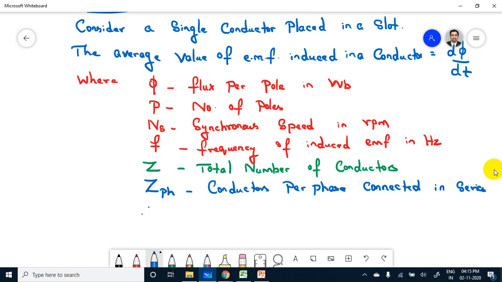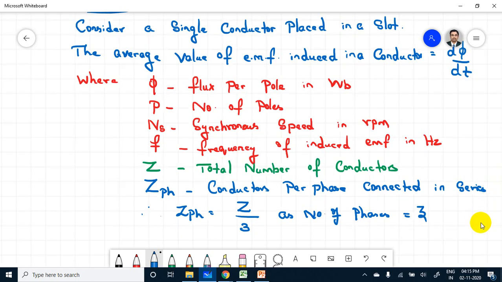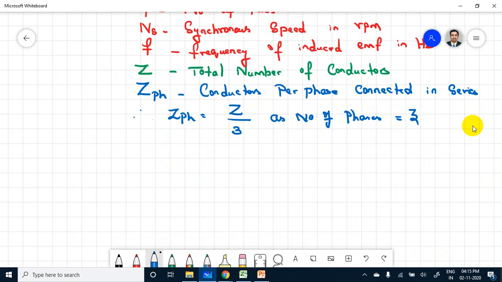Therefore Z phase is equal to Z divided by 3. How many phases are in a 3-phase line? 3 phases. That is R, Y, B.